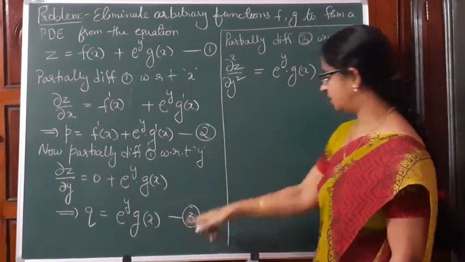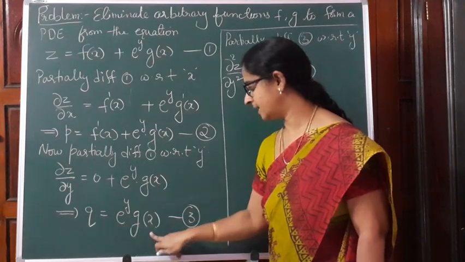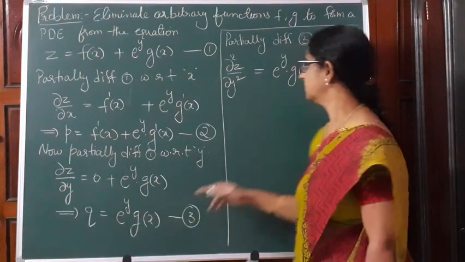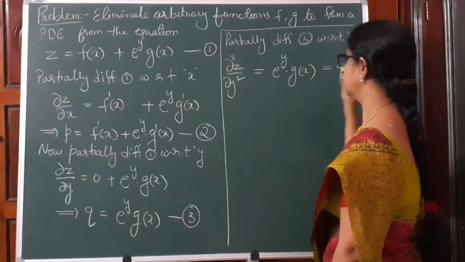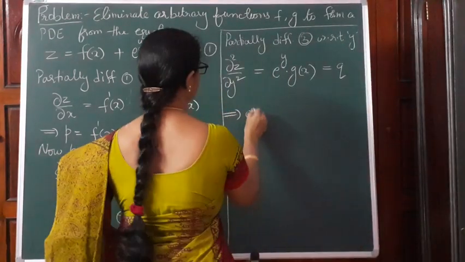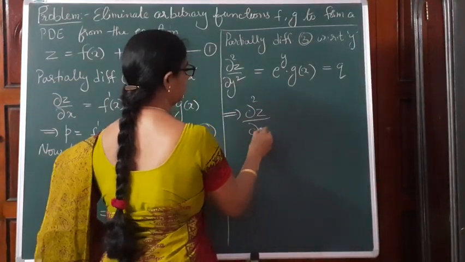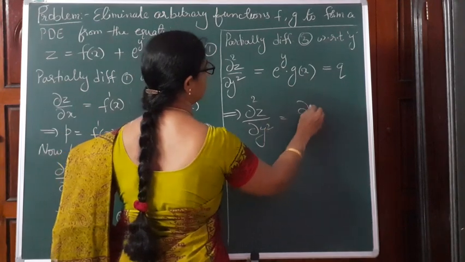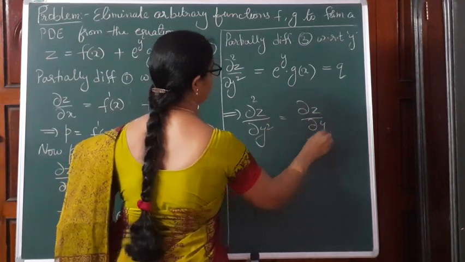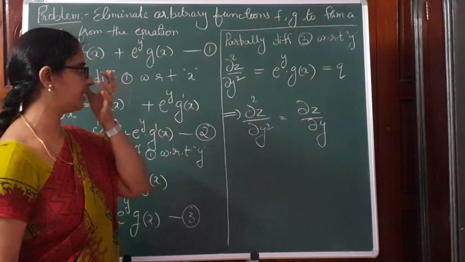But from equation 3, what is e power y into g of x? It is equal to q. So this is equal to q. That means dou square z by dou y square is equal to q. q means dou z by dou y. This is the required partial differential equation.